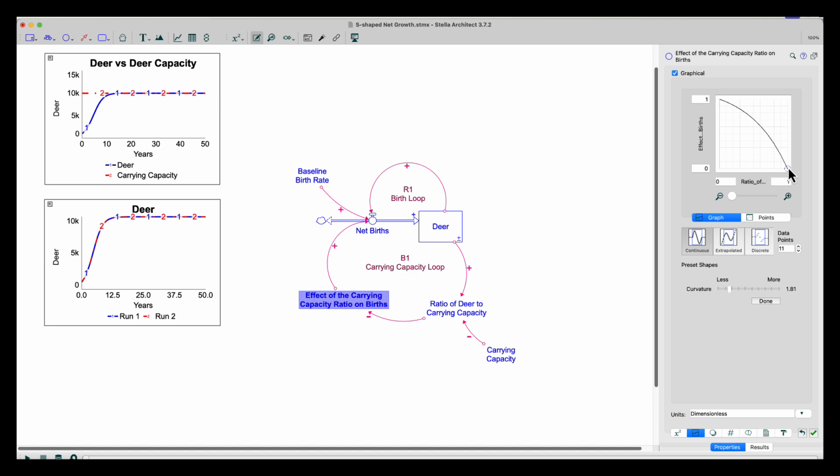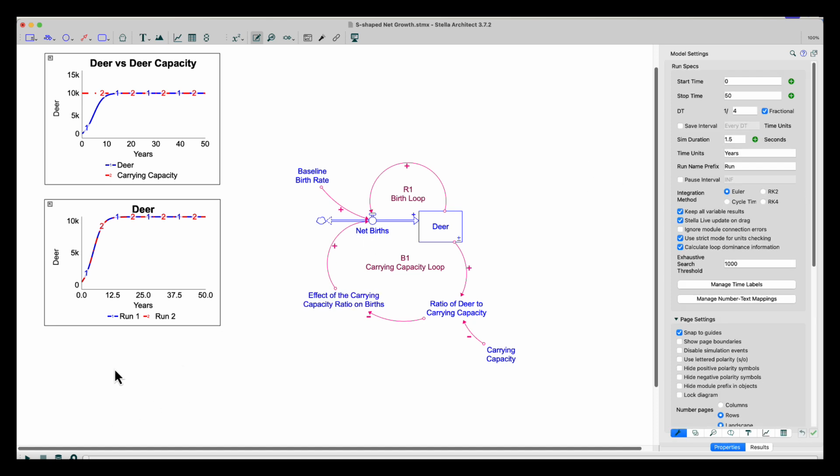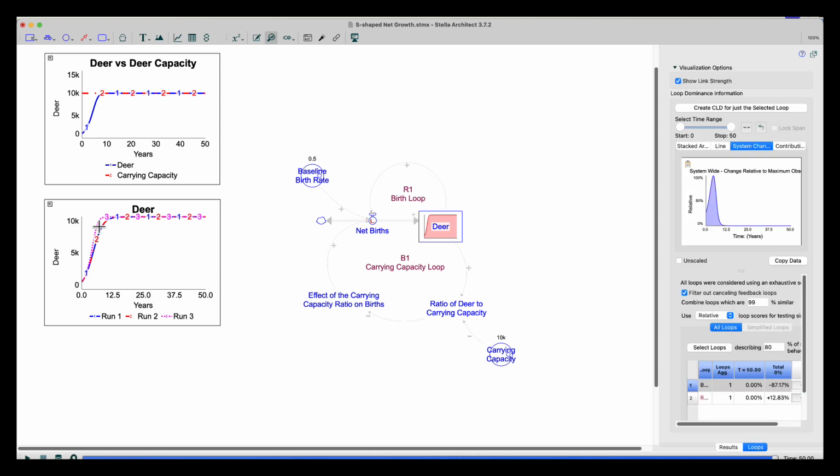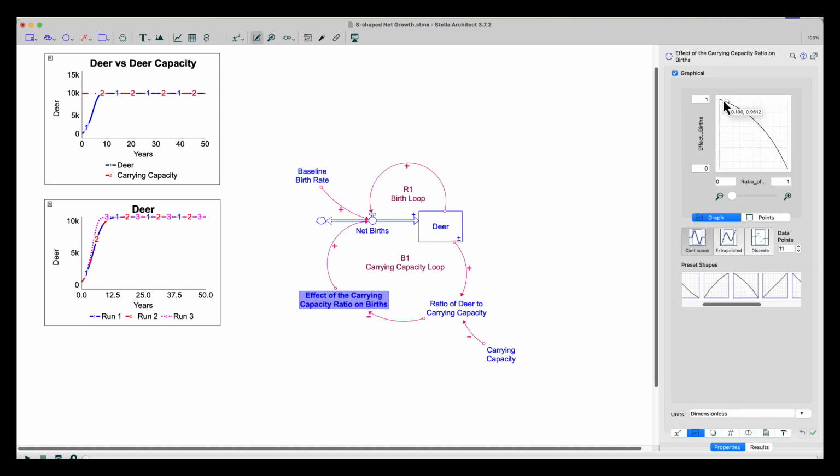So I'd be multiplying by 0 in this case. So let's click on this, and I'm going to run this again, and I'm anticipating that I would see a difference in this growth of deer here. And you can see that they actually grow faster, and they reach an equilibrium, and they stay there. And if I look at this, they're growing faster because this is greater than it would have been under the linear condition. So I'm allowing that growth to occur more, and then it's going down.